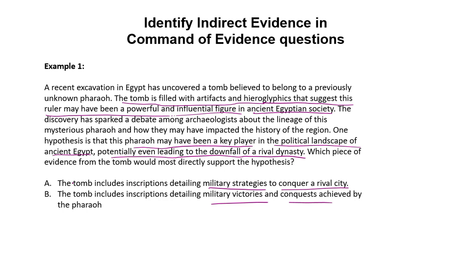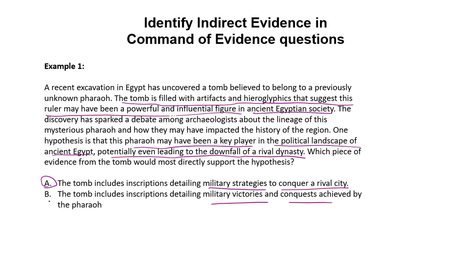So here you notice that option A provides indirect evidence. How? Because it just talks about detailing military strategies to conquer a rival city. So the assumption on our end would be that these military strategies led to the downfall of a rival dynasty, right? Like these military strategies resulted in victories. That's rather an assumption made.